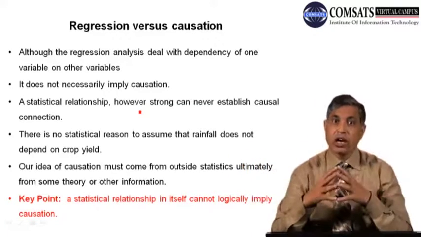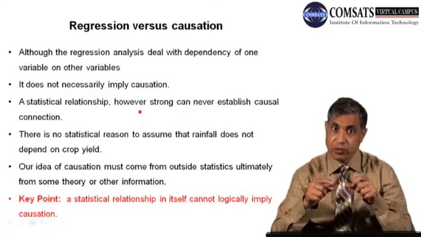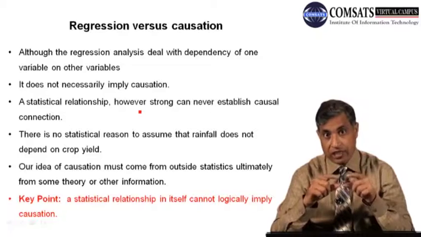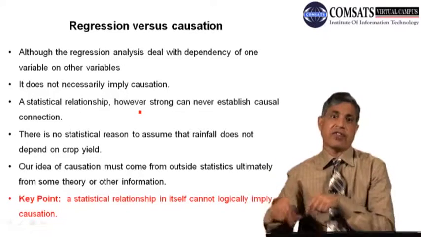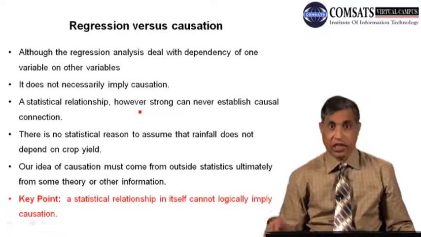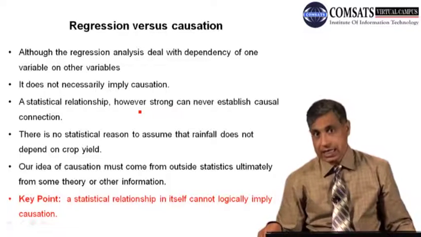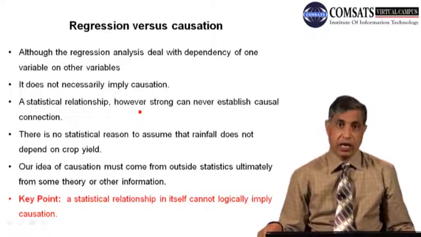Within statistics, we only find the dependency. The idea of causation comes from outside of statistics. For example, economic theory says that the crop yield is dependent on the weather, the sunshine, and the other variables.